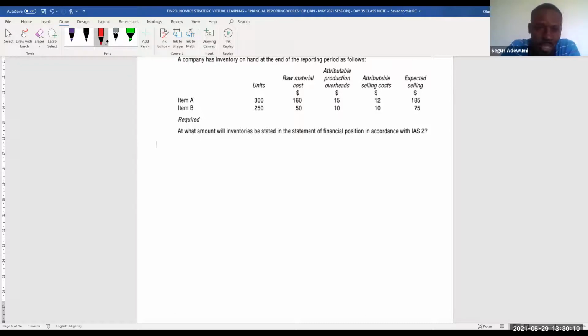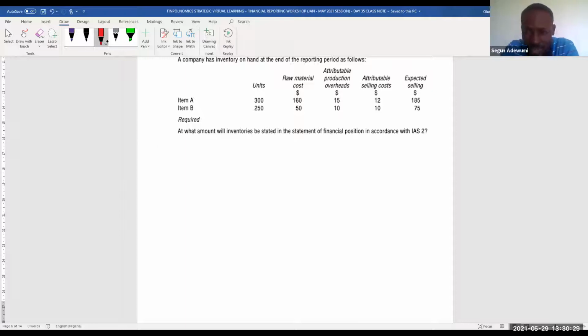For example, let's take item A. The cost of inventory will be $160 times 300 units plus $15, which is the attributable production overhead, times 300 units. So the summation of the two will give us the cost of inventory.